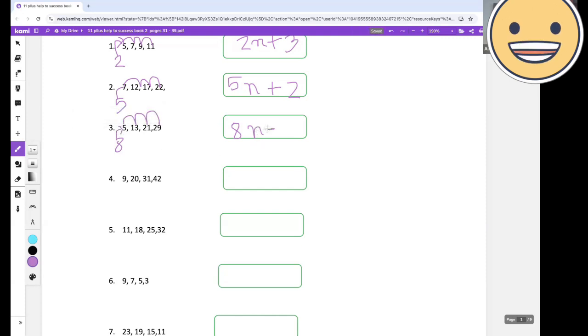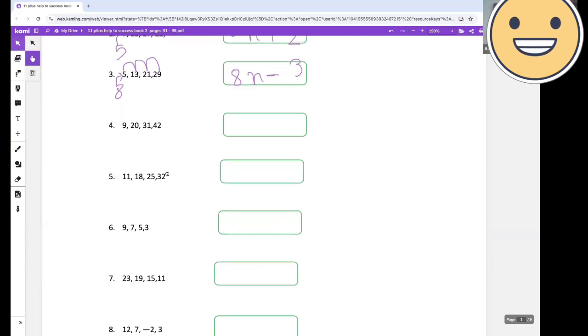It will definitely be a minus now, because 8 to 5 is 3, but it'll be minus 3. So it'll be 8n minus 3. That would be your answer for this one. So let's move on to the next one now. Number 4 now.